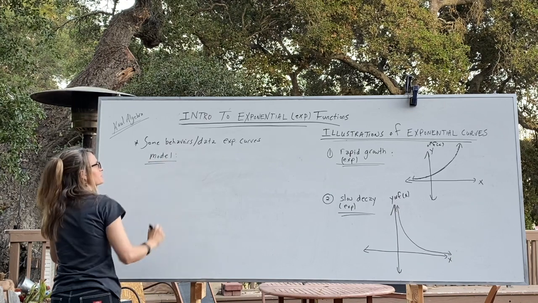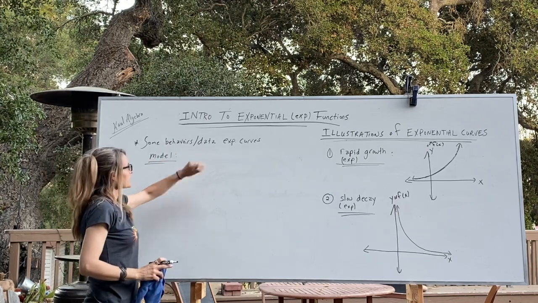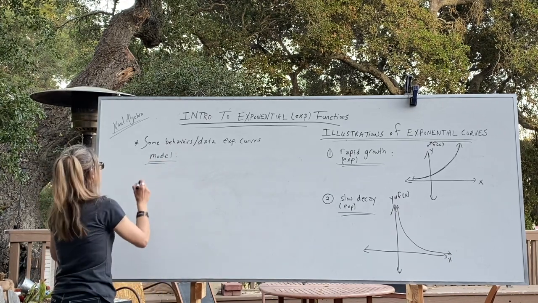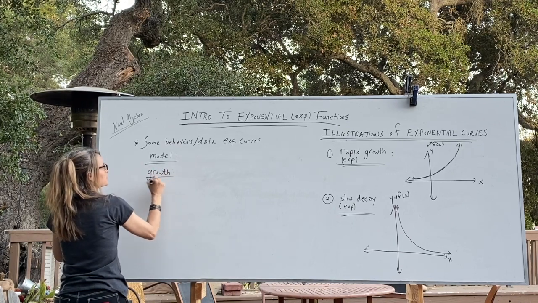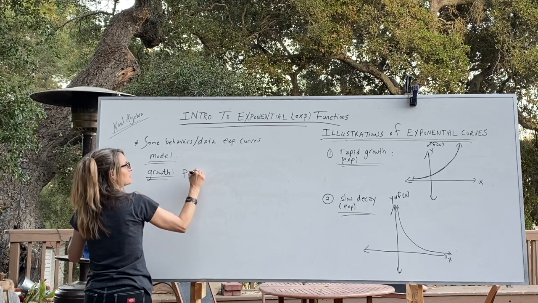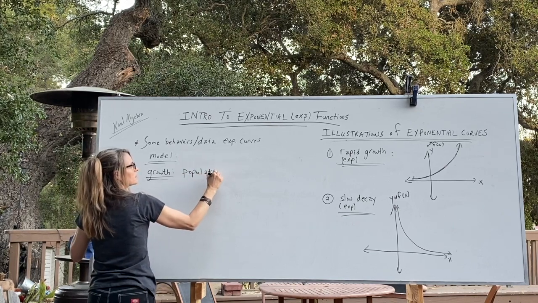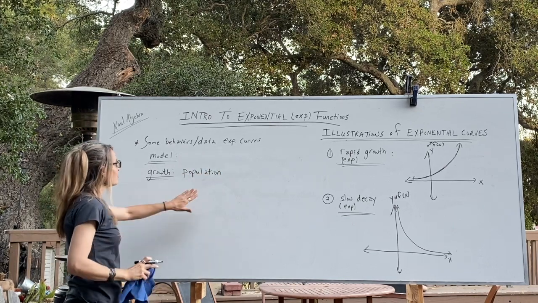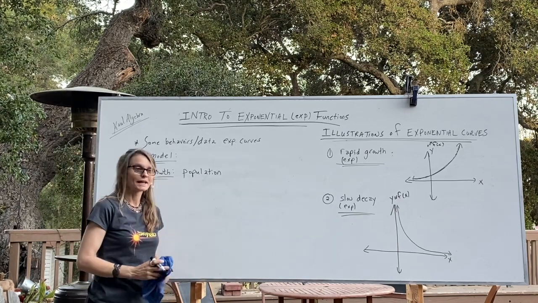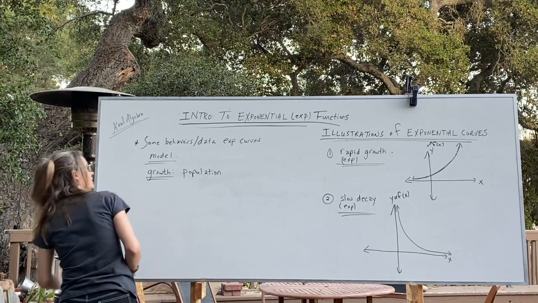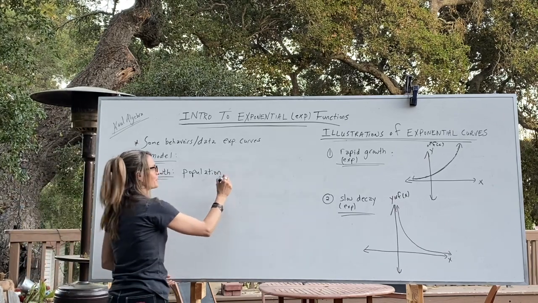So some of the behaviors that exponential curves model will be, so for growth, we can think of population. You have a small population, let's say, of rodents. It could quickly grow exponentially given time and no predators.